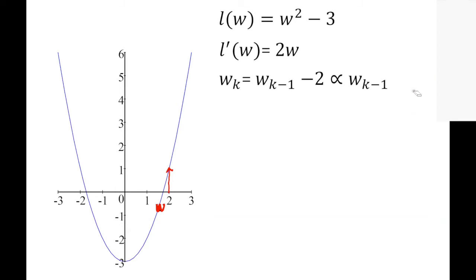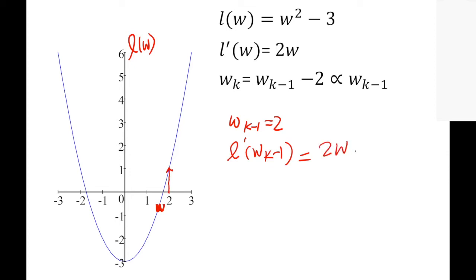For a specific point, w_{k-1} equals 2, L prime of w at that point k minus 1 equals 2w_{k-1}, which equals 4.